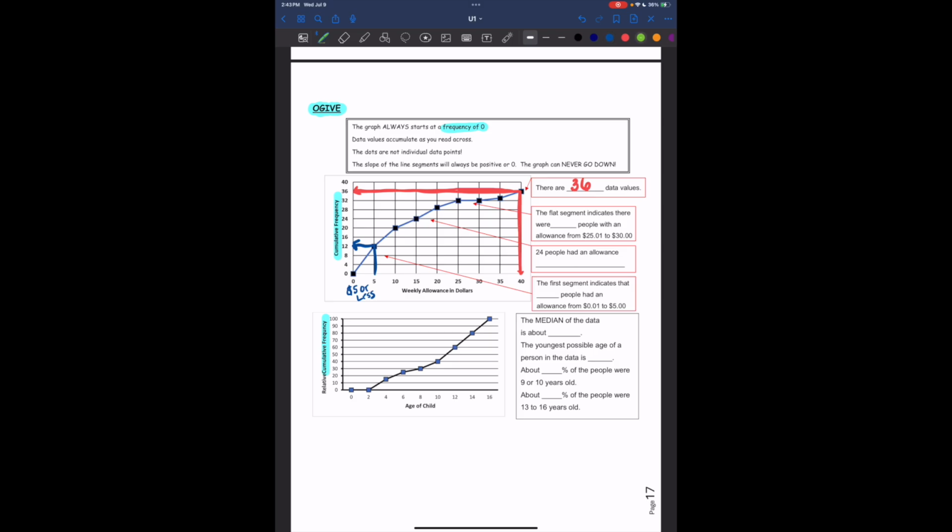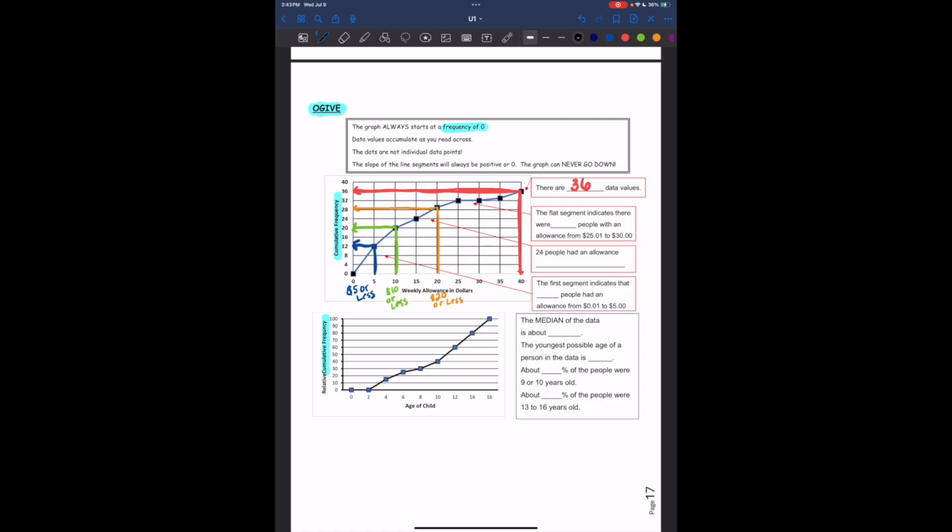Or if we look at this next group, $10 or less, there are 20 people that have that. Or you could even look over here at 20 and say, all right, how many people got $20 or less? And you kind of get the point. So this is $20 or less. So it helps you see as you accumulate through the list.